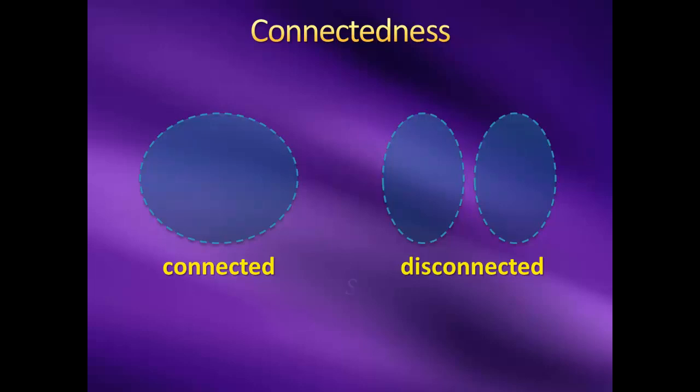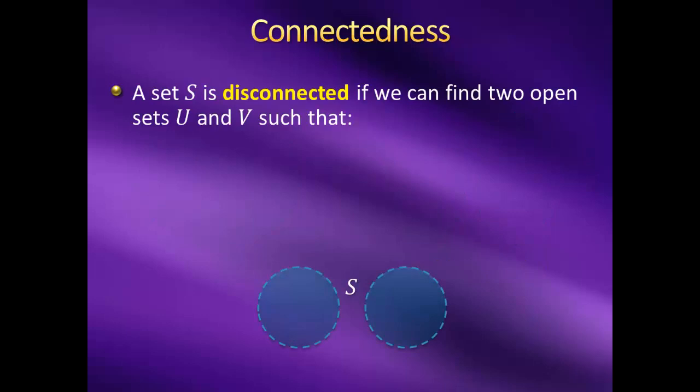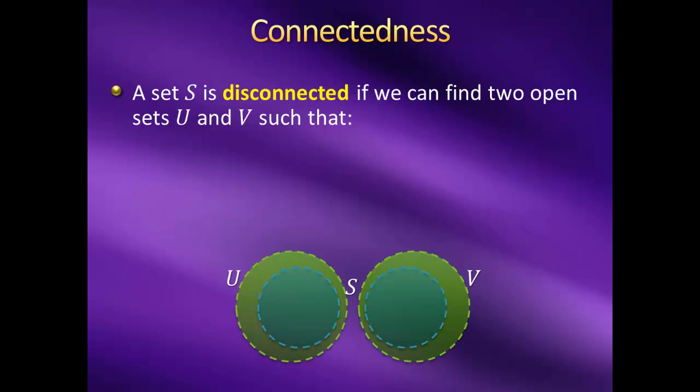We say that a set S is disconnected if we can find two open sets U and V that satisfy three particular conditions. First of all, U and V must both intersect the set S, meaning U intersect S and V intersect S should both not be empty.